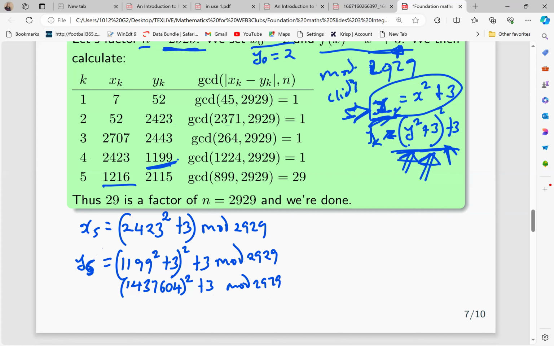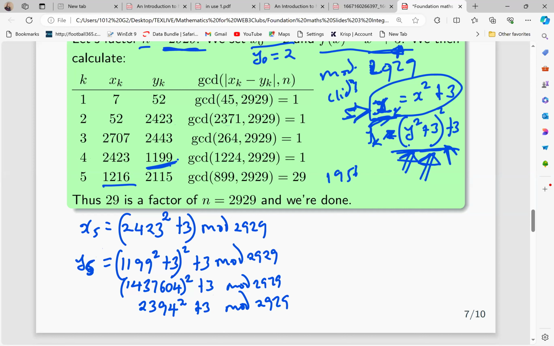Let us square it. We have 5,731,236. Add 3 to it. Then divide by 2929, which goes there 1956 times.